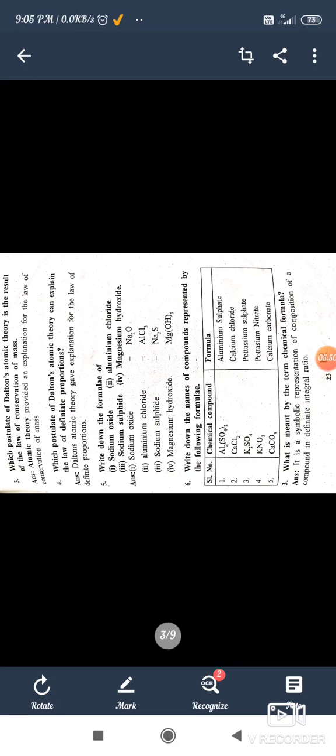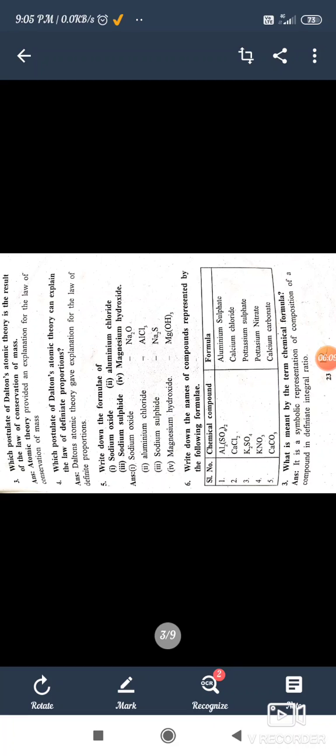And compounds here are sodium oxide, aluminum chloride, sodium sulfide, magnesium hydroxide.